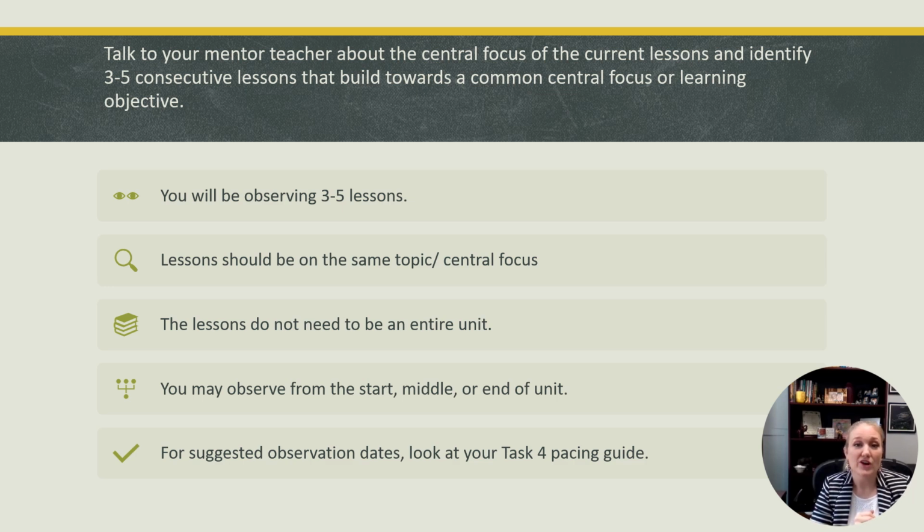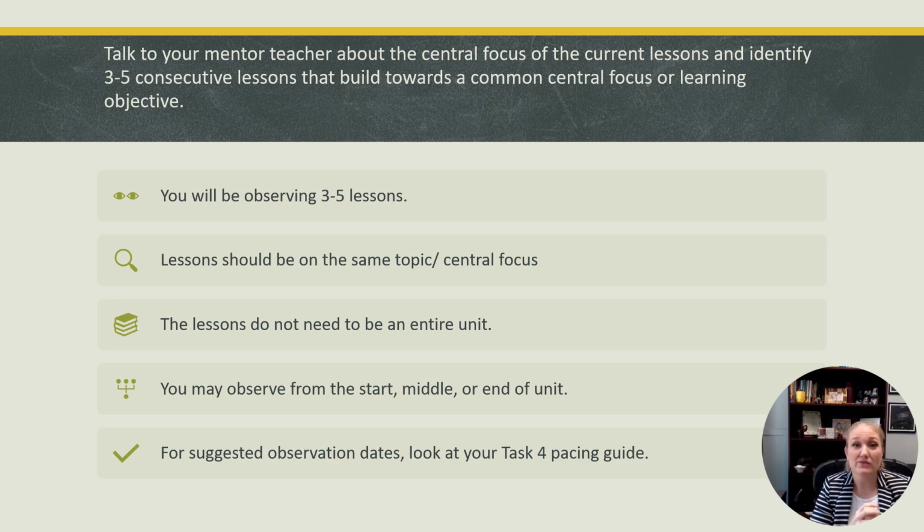Or if there is kind of a random money counting or telling time lesson that your teacher wants to throw in between some multiplication unit or something like that, then that would not count towards one of your 3 to 5 lessons.